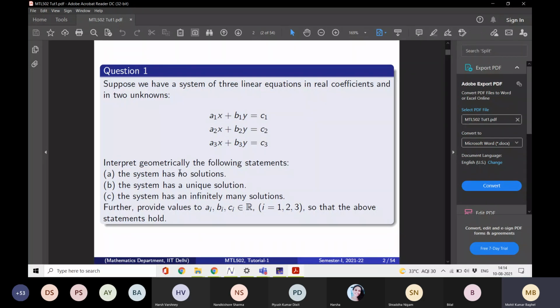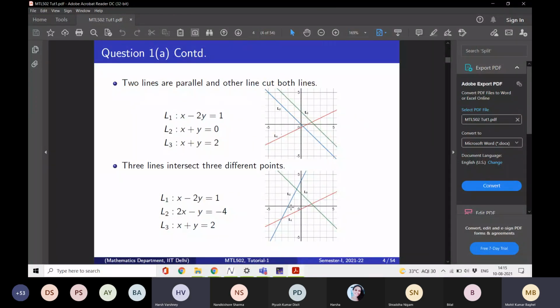I am asking for case 1, sir, where the system has no solution, and for the third case, the triangular form. Okay, you are saying it is a triangular form. That is also not very difficult.